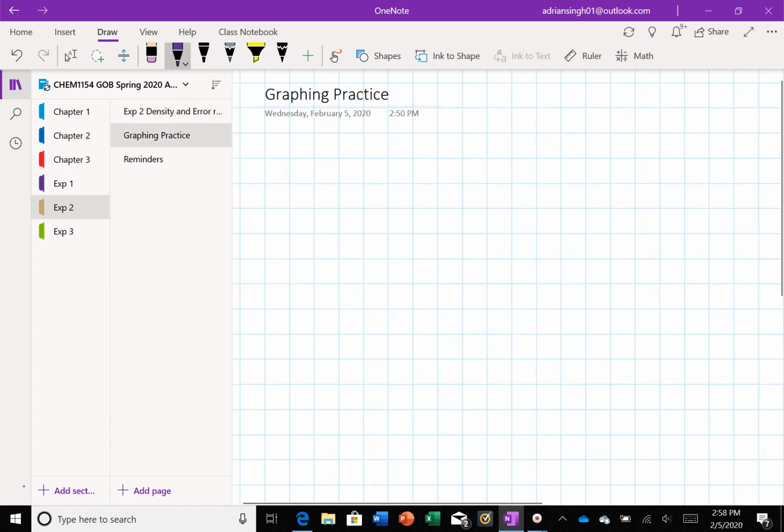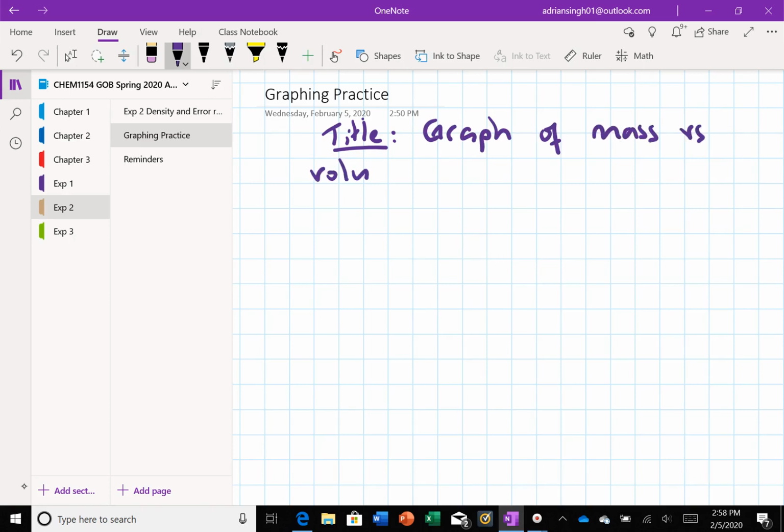So the first thing is you want to make sure that you have a title for your graph. And what you're plotting is the mass versus the volume for different cylinders.